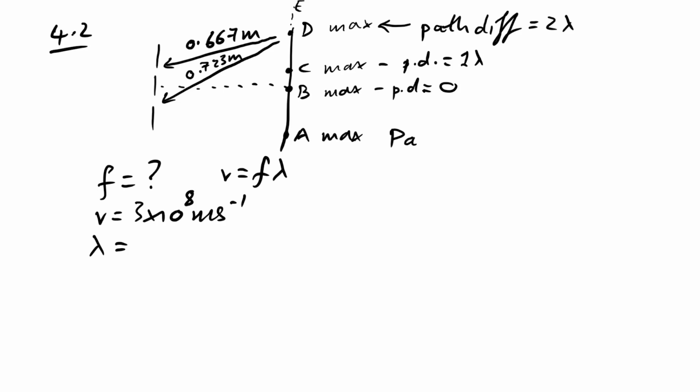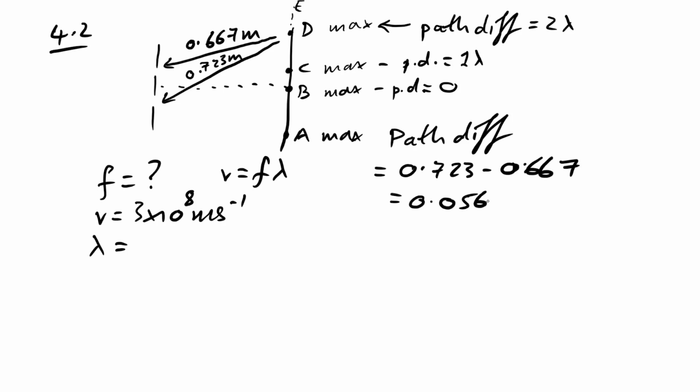So we can say the path difference is equal to 0.723 take away 0.667, that is 0.056 meters. We know that that's 2 lots of the wavelength, so that's 2 wavelength, therefore lambda we can say is just half that, 0.028 meters.